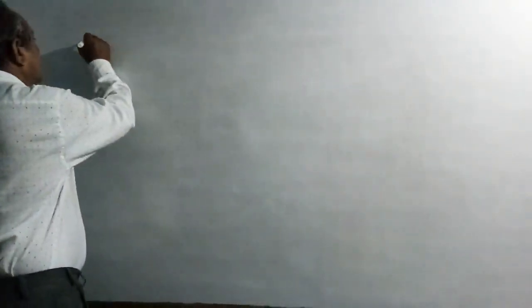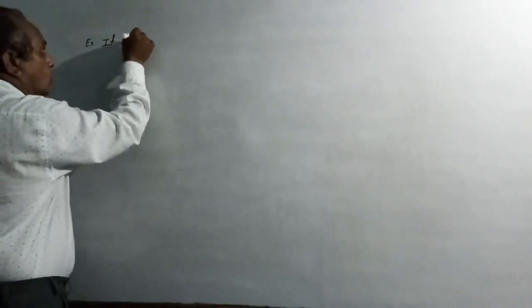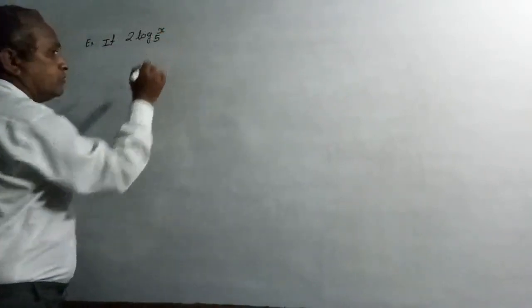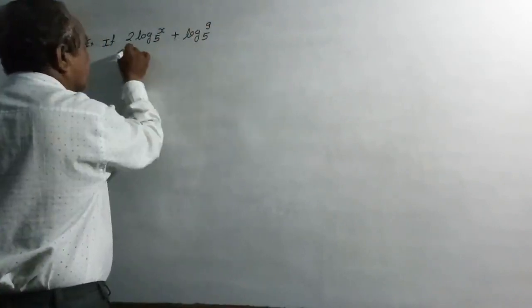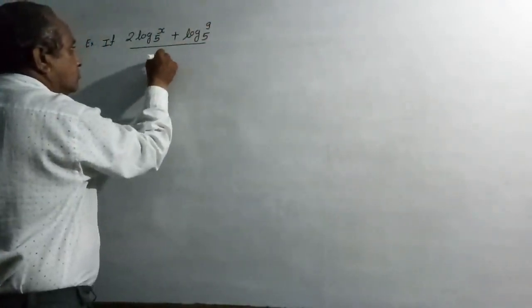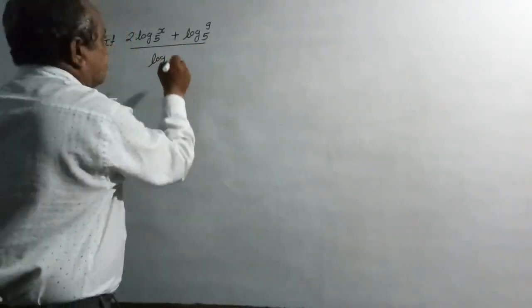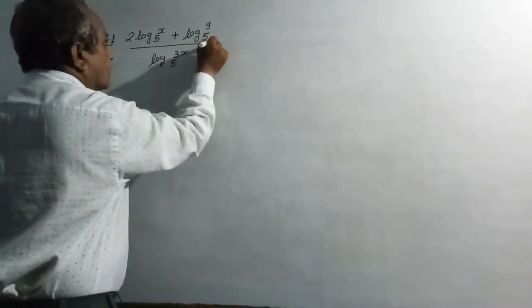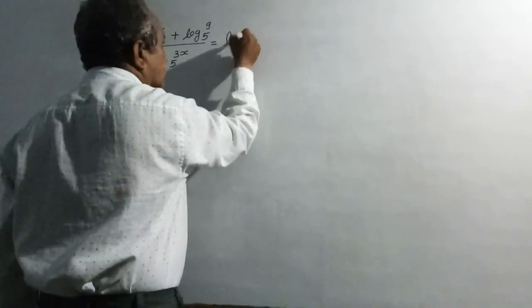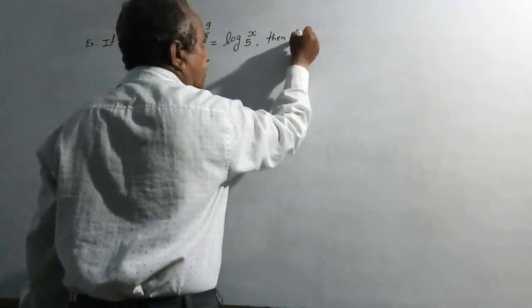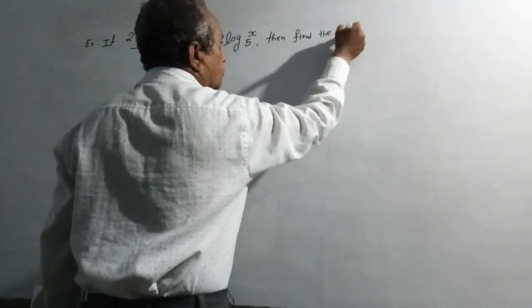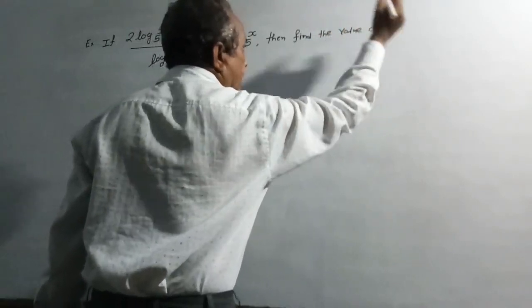Again, an example in logarithm. If 2 log x base 5 plus log 9 base 5 by log 3x base 5 is equal to log x base 5, then find the value of x.